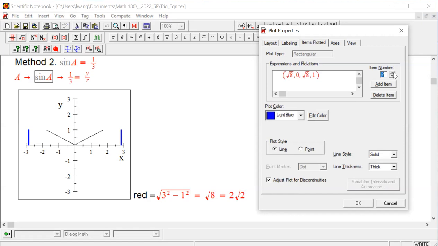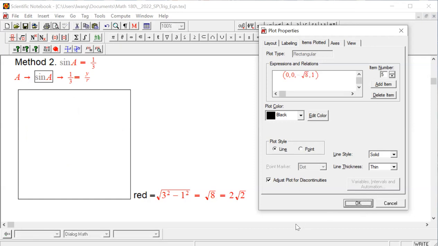So I'm basically making some modification. Yeah, the blue is done correctly. Oh, there, that one is done correctly. And this is going to be root 8. And that's going to be root 8. I think that's all I need to do. There we go.